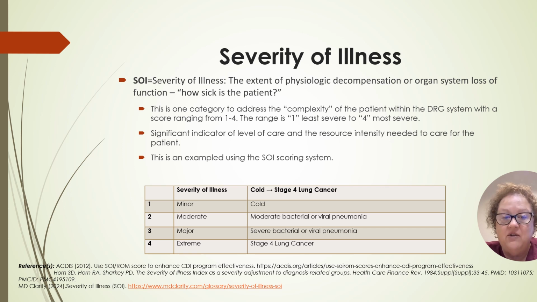Classification 2, moderate severity of illness, is a patient with moderate bacterial or viral pneumonia. Classification 3, which is major severity of illness, is a patient with severe bacterial or viral pneumonia. Mind you, this is severe. Extreme is somebody with stage 4 lung cancer. So again, it addresses the level of 1 through 4, 1 being the least severe to 4 being the most severe. So this is just an example.